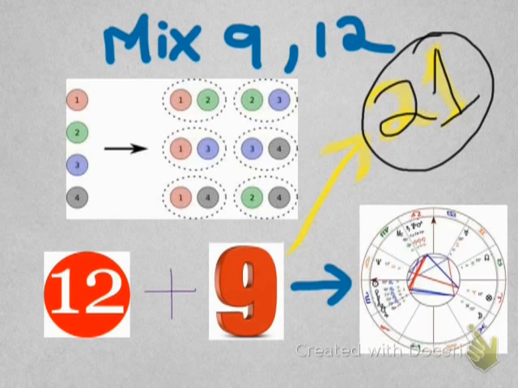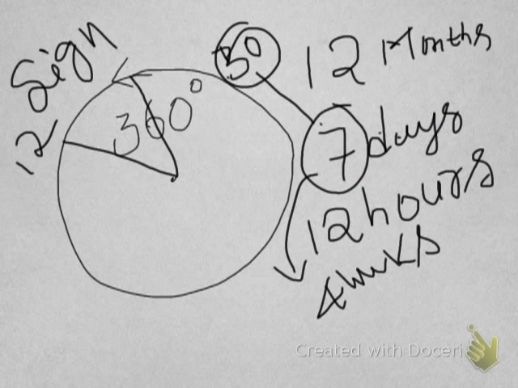If you see the horoscope, the zodiac is divided into 12 signs because 12 is a complete cycle number which is controlling the rhythms. After 12, there is nothing new, everything repeats itself.